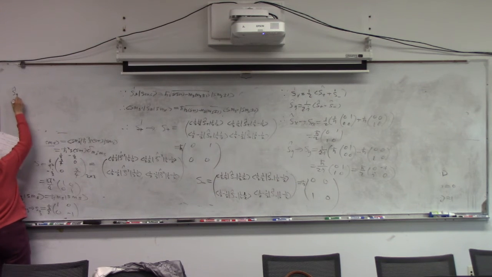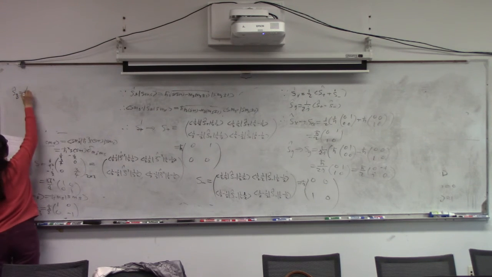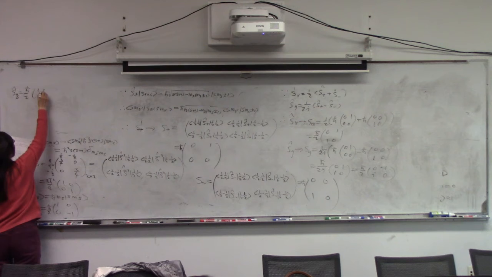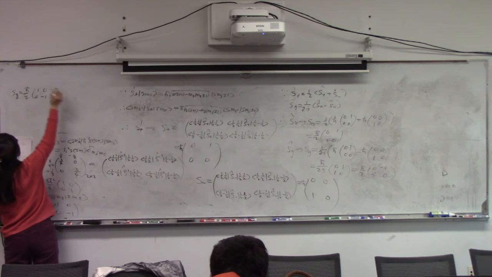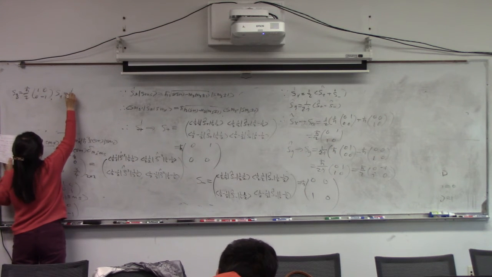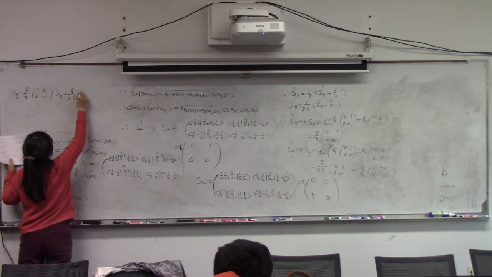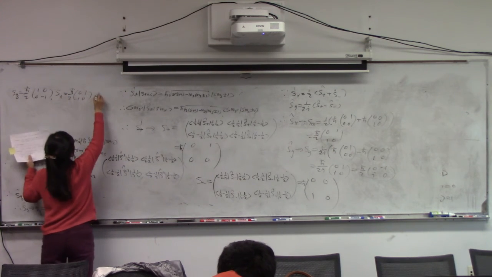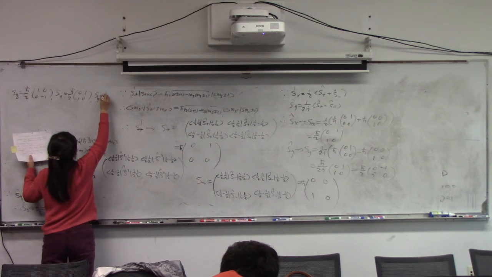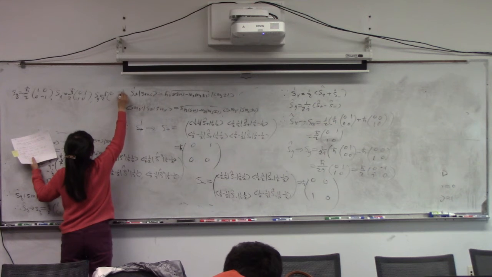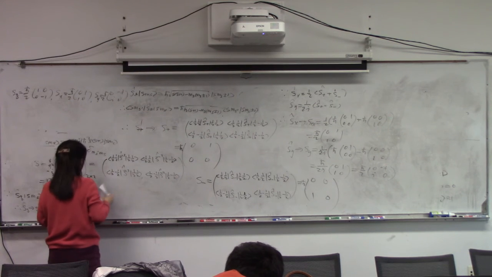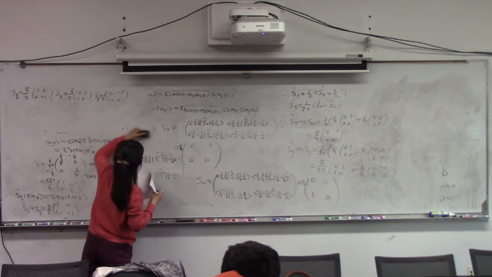Sz here is half h bar, 0, 1, 0, minus 1. Sx is half h bar, 0, 1, 1, 0. And Sy is half h bar, 0, minus i, i, 0. So you can see they have the same formula.